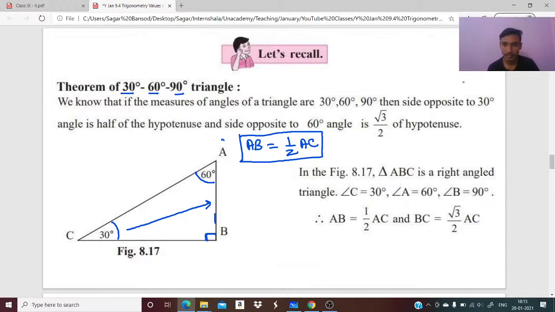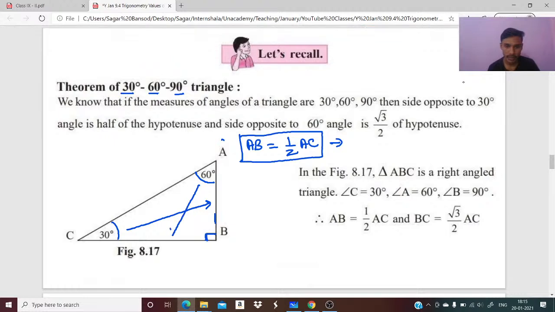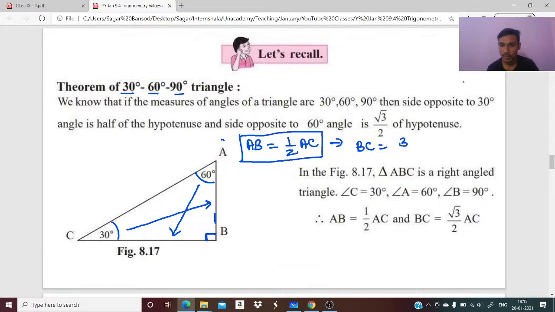This is given as the 30, 60, 90 triangle theorem. It has one more statement: the side which is opposite to 60 degrees, that is side BC, is equal to root 3 by 2 times the hypotenuse, which is AC.